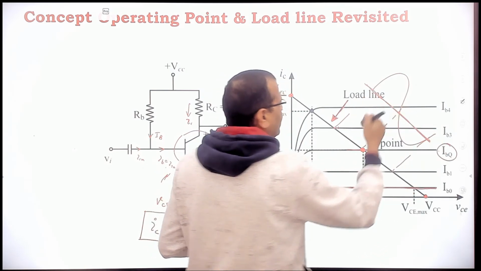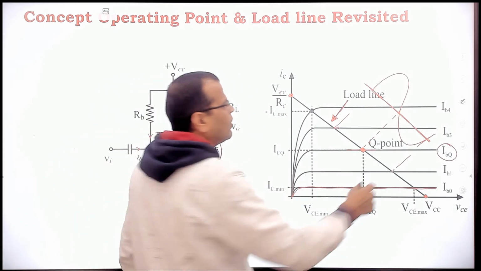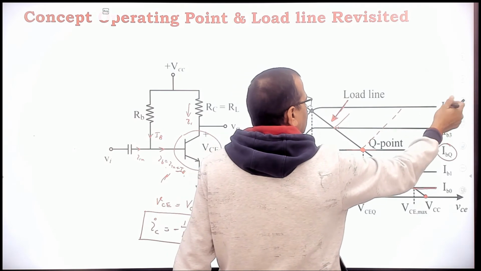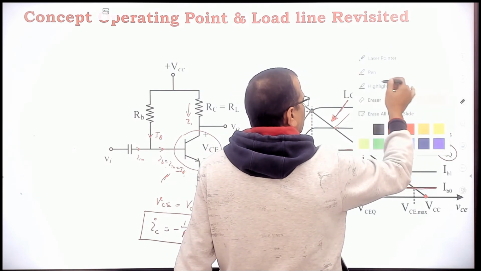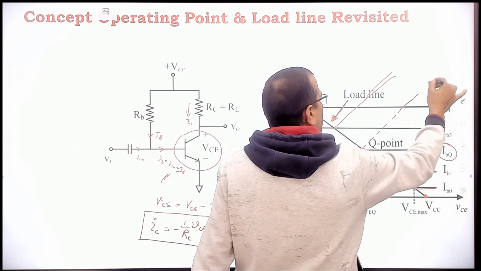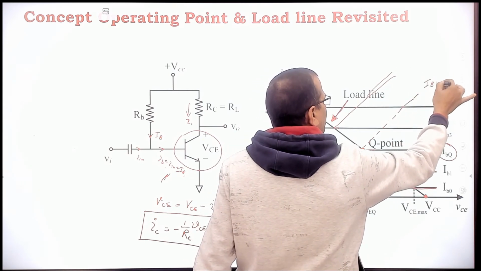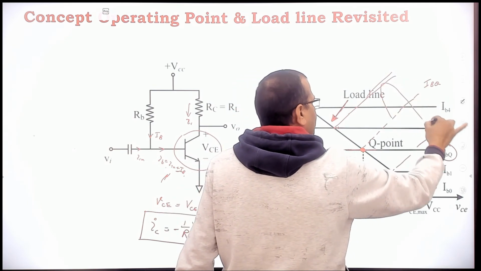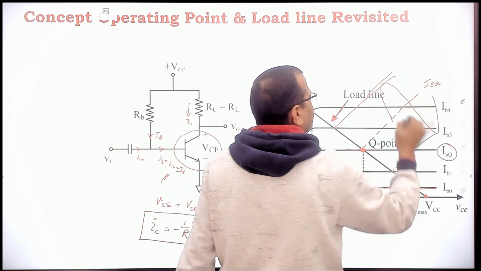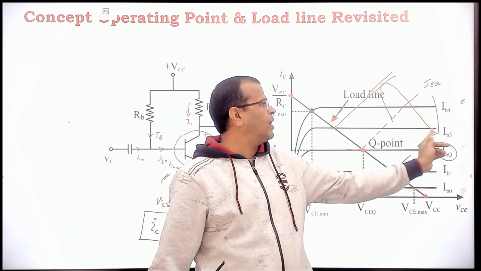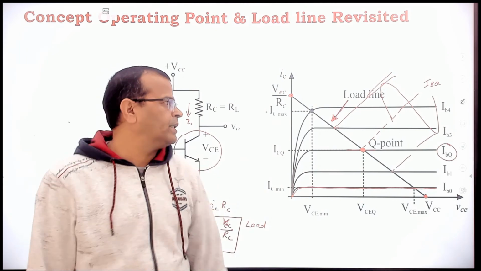I'm sorry, I'll redraw that. So my base current will be varying like this, around some IBQ, that is this value. Base current is increasing, then coming to IBQ and going down like this, right?